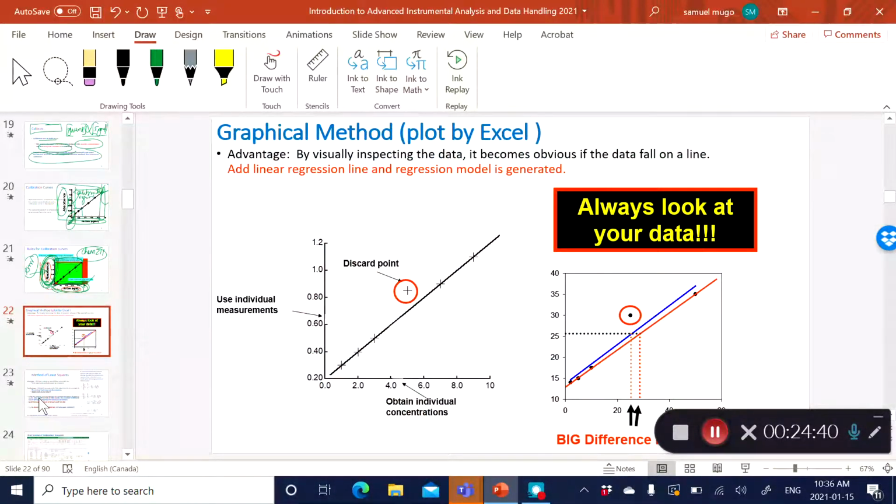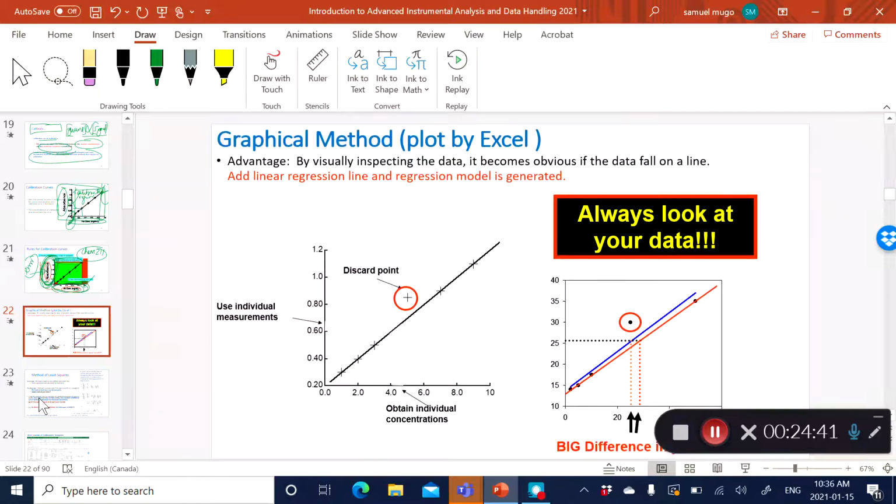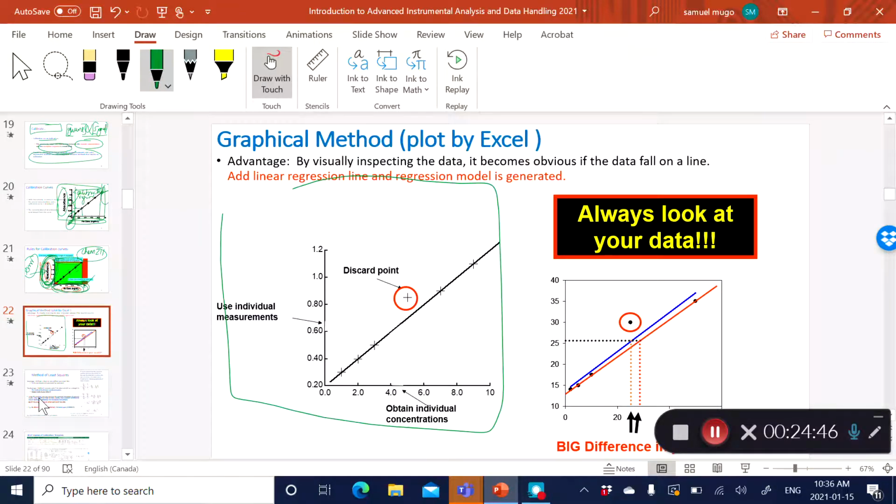So you've done your calibration, and you're going to realize that in some cases, while it's desirable for the calibration, say the regression coefficient, to be very close to 1, meaning you've got perfect linearity, sometimes you get situations like this, where some of the data deviates from linearity, such as that data point.